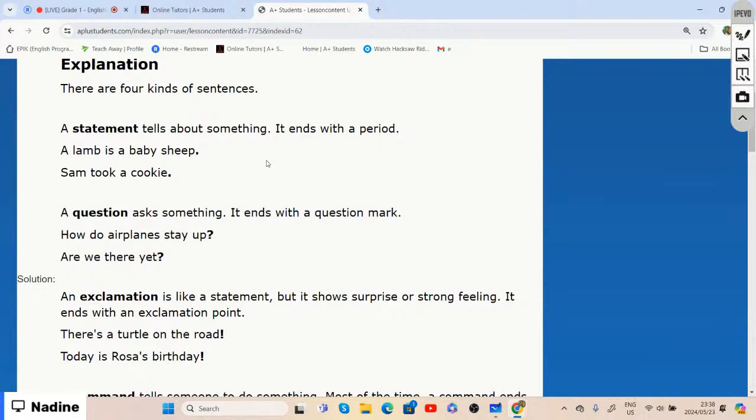It asks a question, and it ends with a question mark. And if we look at an example, we specifically said, how do airplanes stay up? Are we there yet?